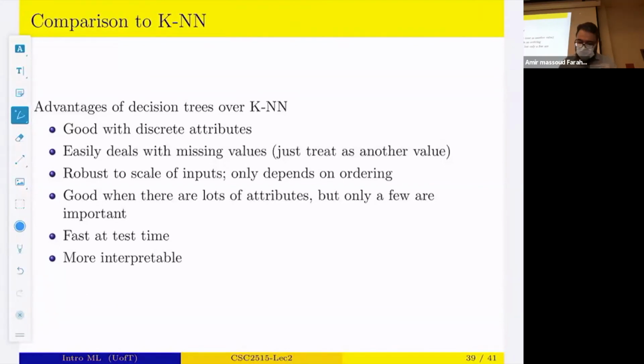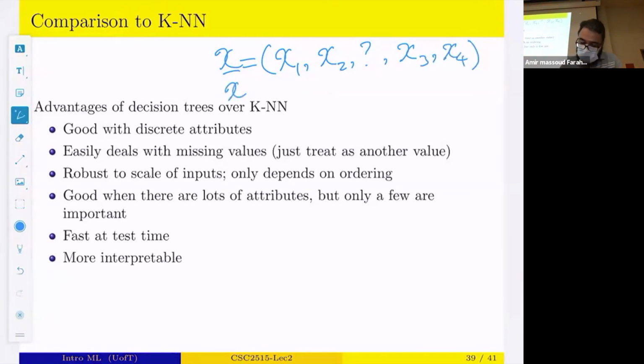Okay, so you can easily deal with missing variables. If you don't know the value of something, maybe because you didn't measure it in your recording, for KNN that would cause a problem. Then you have a vector and you want to measure the distance. So it's vector 1, vector 2, I use prime here.